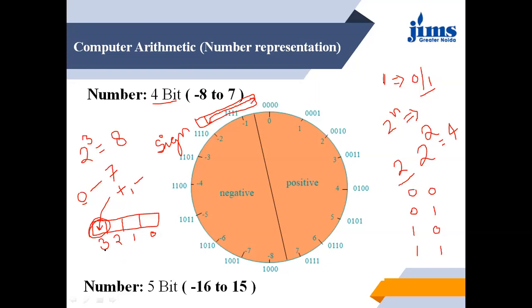So if I have a 4-bit number, then the first bit, the MSB, is reserved for the sign of the number. Then how many numbers can I store in this? This is 2 raised to the power 3, so I can store only 8 numbers here.